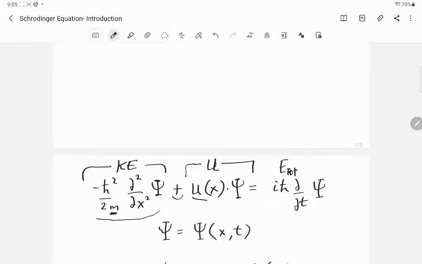And then the quantization is to imagine the kinetic energy as actually this operator on the wave function. The potential energy is just a multiplicative operator on the wave function. And the total energy is a time derivative operator on our wave function. And the wave functions are associated with probability, and this is what quantum mechanics is.